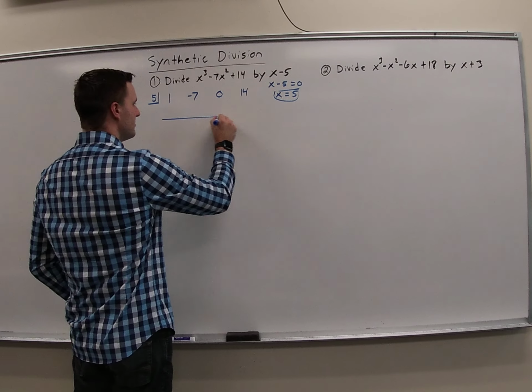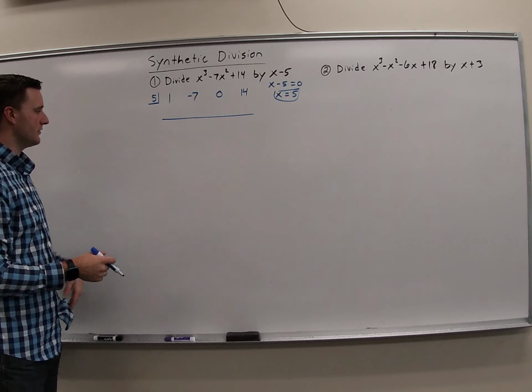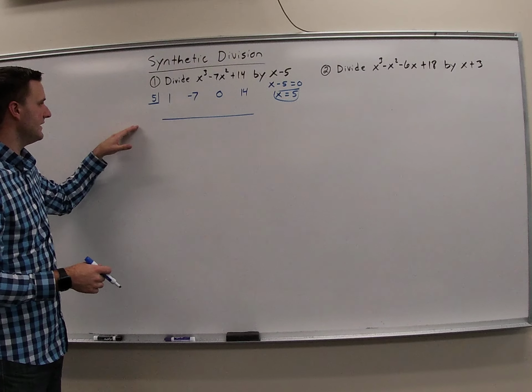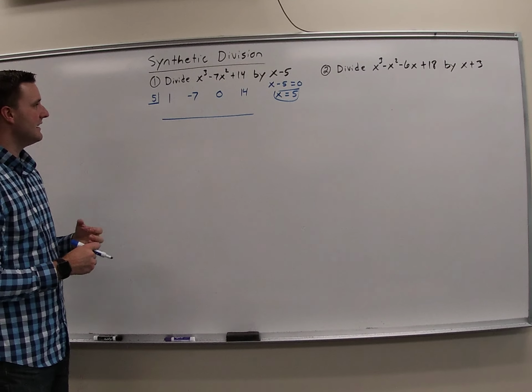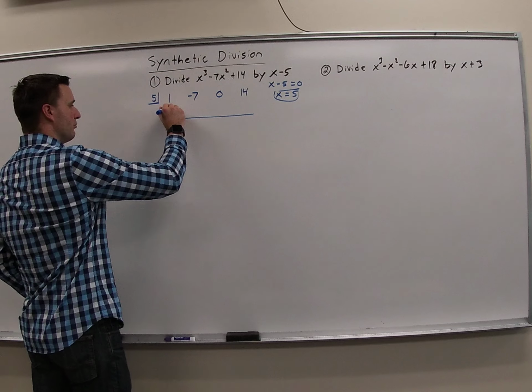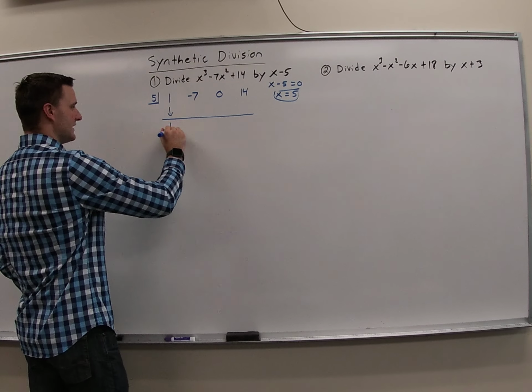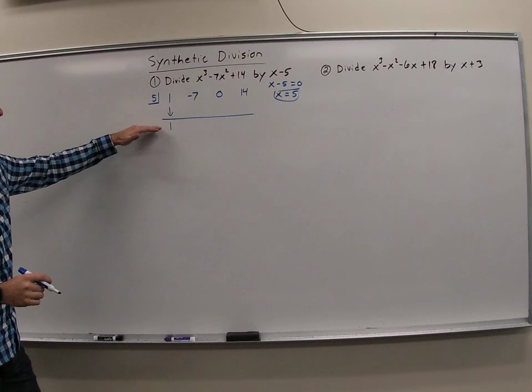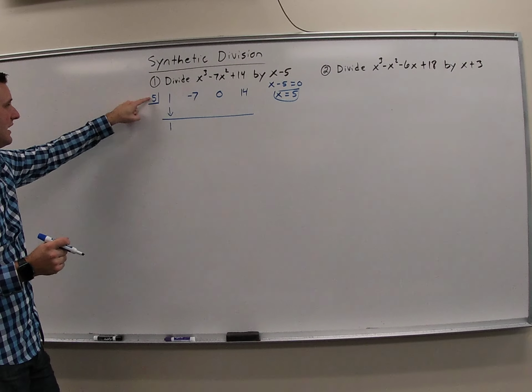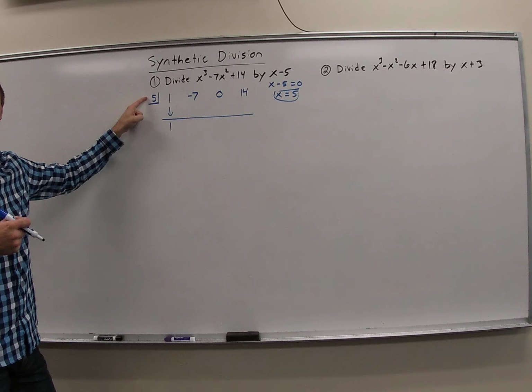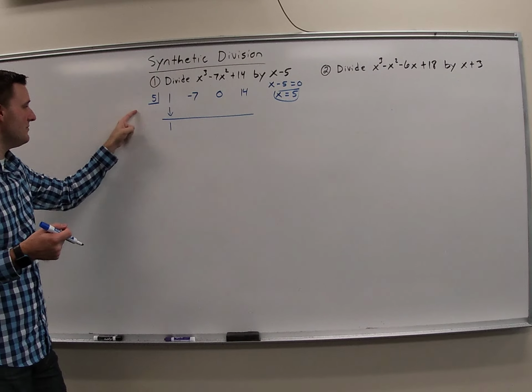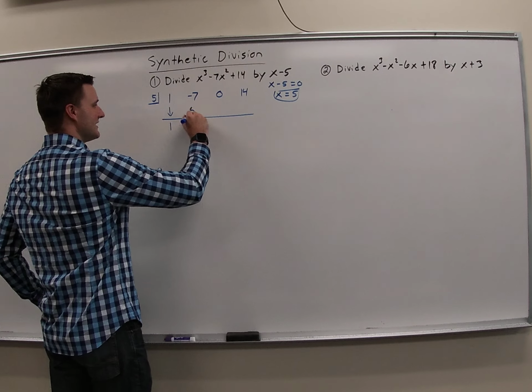We're going to leave a little bit of space, and we're going to have a horizontal line separating this. And here's the process. You bring down your first term, so I'm just going to bring down 1. Whatever number is underneath this line is going to be multiplied by our solution that we're checking in our backwards L. So 5 times 1 is 5.